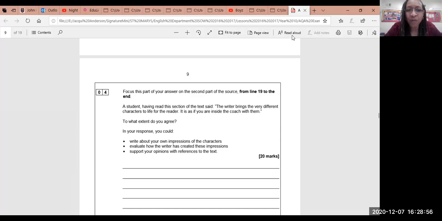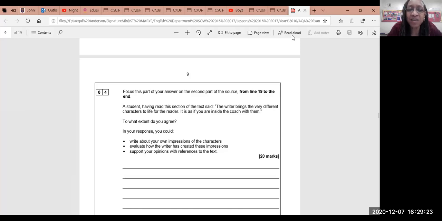So I want you to pause the video now, go back to line 19 and think about what I have just said, looking at the individual characters. You are going to take your highlighting pen. You are going to find at least 4 quotations with regards to different characters, not the same characters, different characters. And you're going to highlight them.